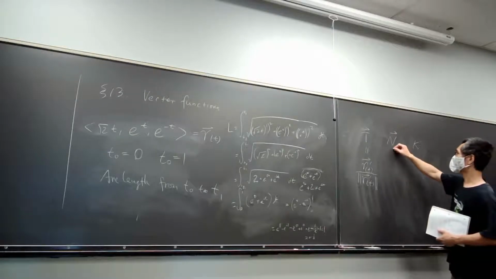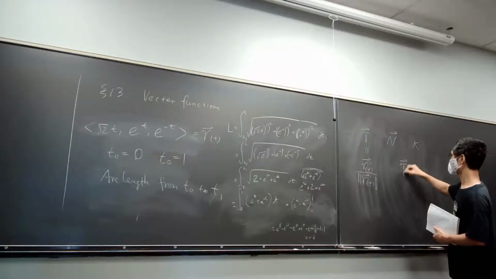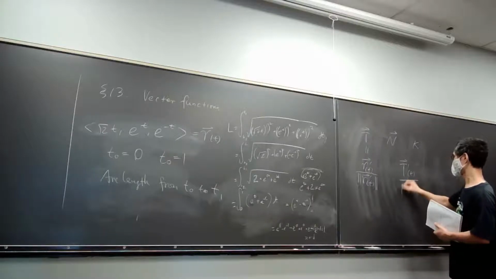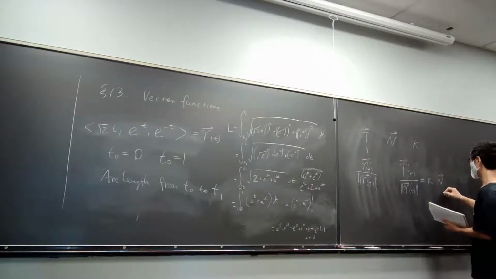And by definition, T prime over R prime norm equals K times N. And N is the unit vector.